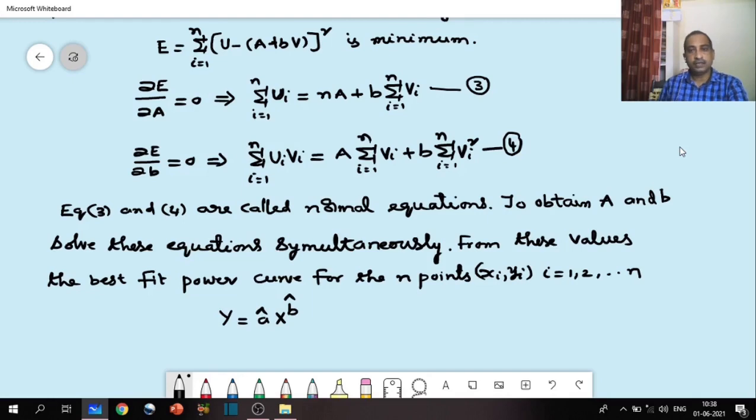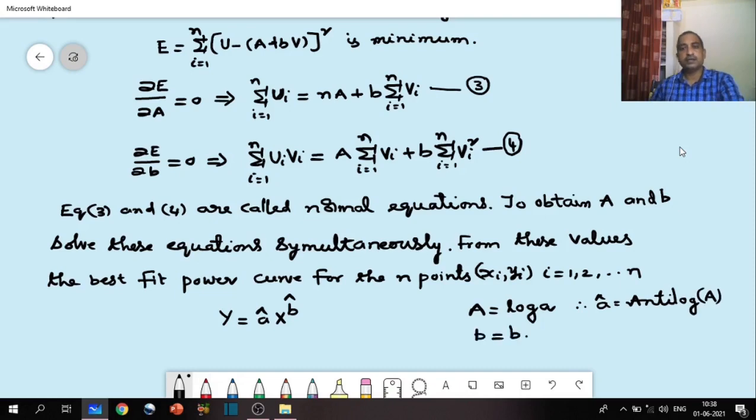But here you know that A equals log a, therefore small a equals the anti-log of A. Here b is the same b, so there is no logarithmic value for it. I hope you understood. This is the way of fitting a power curve. Thank you for watching this video.